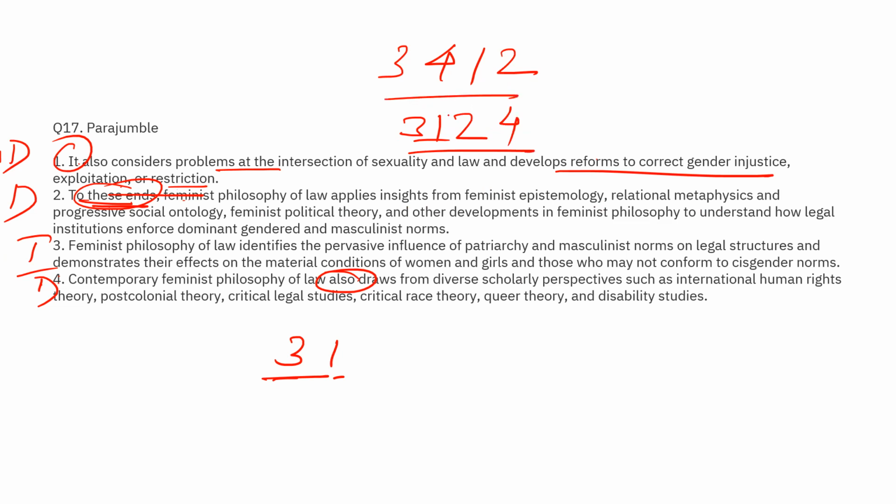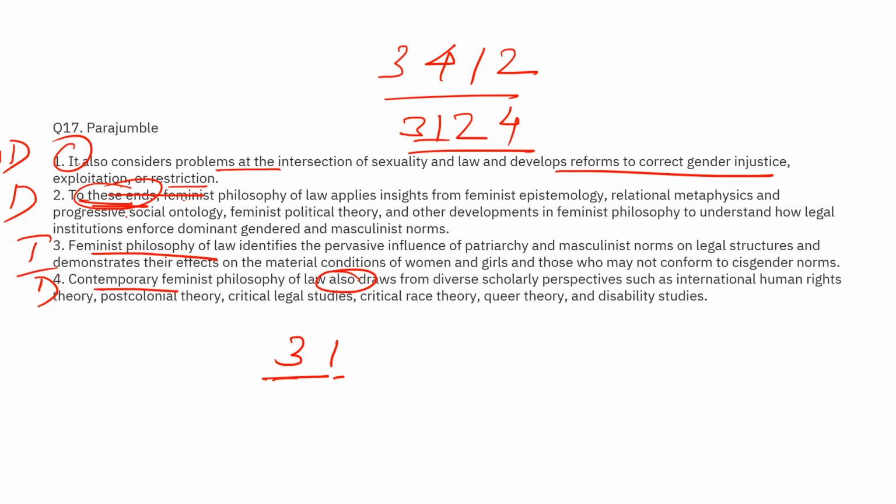So let's evaluate which is a better option. Feminist philosophy identifies this. Contemporary feminist philosophy also draws from diverse scholarly perspectives. It also considers problems at the intersection, and to these ends. So this looks a little off. So feminist philosophy, then also, and also. This is a little like feminist philosophy, then contemporary.